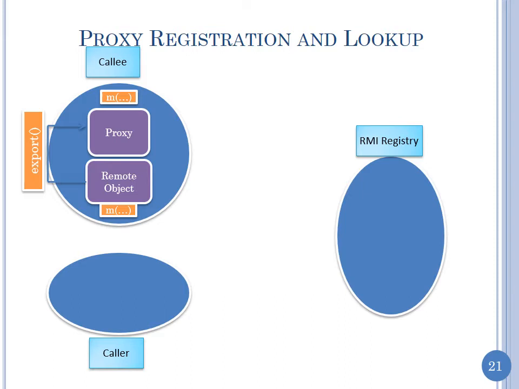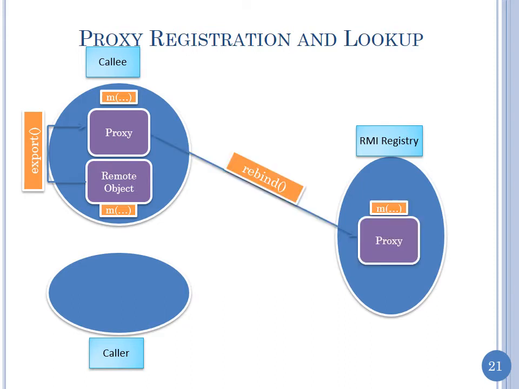So this proxy has to be registered by the called process with the registry. We need a method that does registration, which happens to be called rebind, where you take the proxy that's been generated locally and pass a copy of it to the registry.